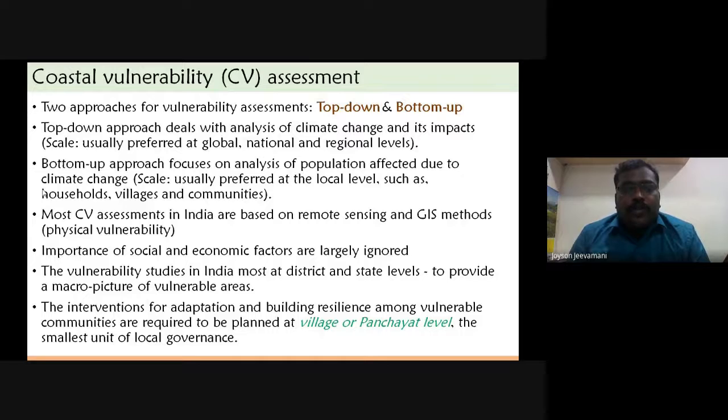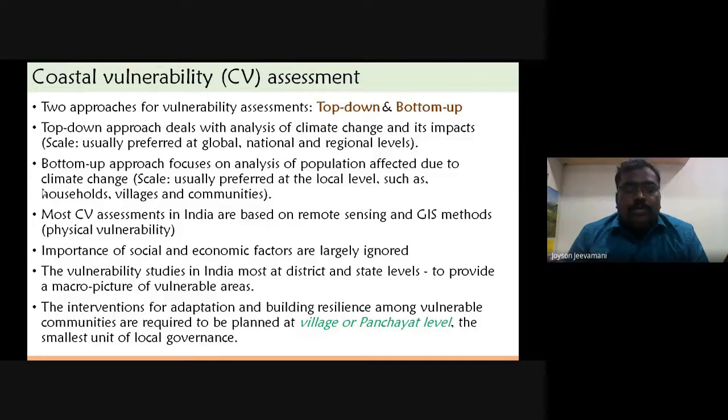In India, when we talk about coastal vulnerability assessment, we have a lot of assessments based on remote sensing and GIS methods. Most of these methods talk about physical vulnerability only. In other terms, it is about exposure, how the coasts are exposed. So using remote sensing in these methods, we get physical vulnerability mostly. Whereas social and economic factors should also be included in the assessments, but they are largely ignored.